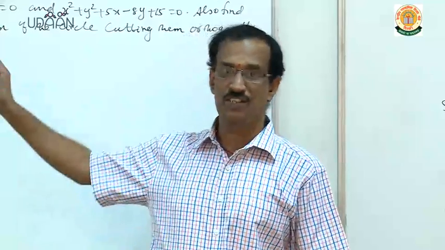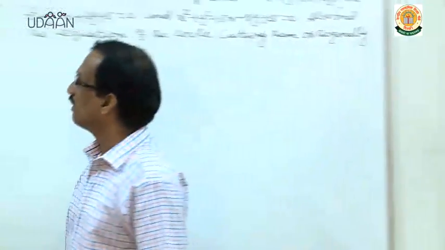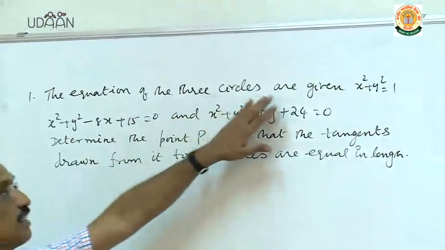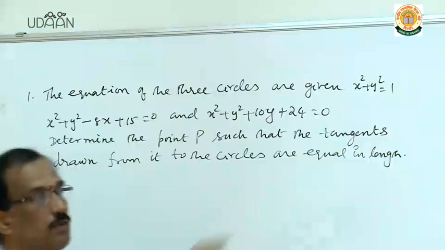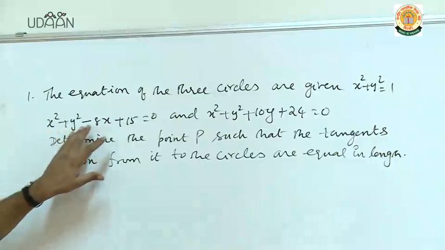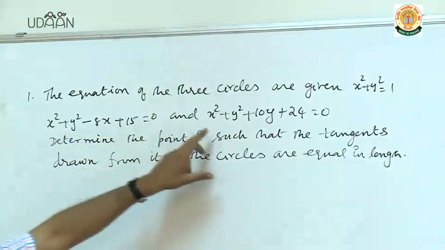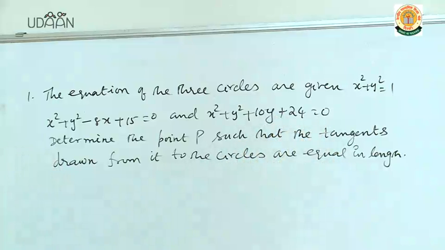Now, the first example is based on the radical axis and radical center. Here the equations of the three circles are given. They are x square plus y square equal to 1, x square plus y square minus 8x plus 15 equal to 0, and x square plus y square plus 10y plus 24 equal to 0.